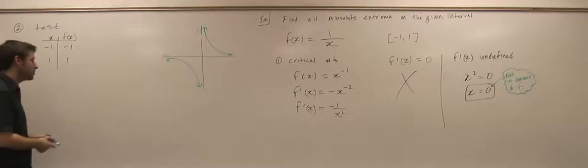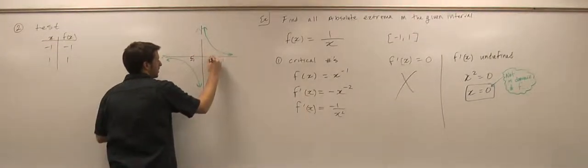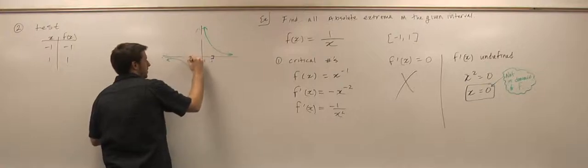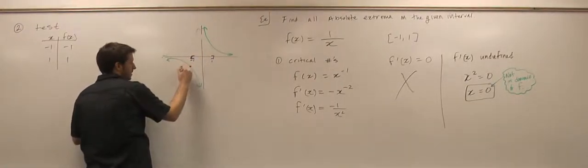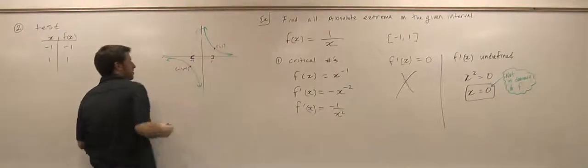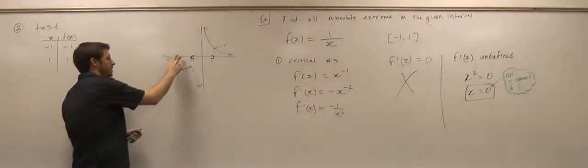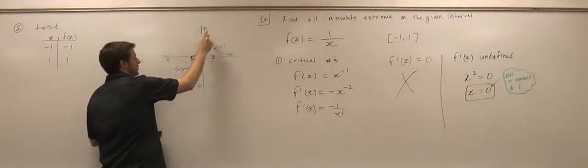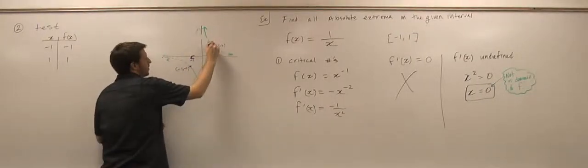And I want to know the absolute maximum between negative 1 and 1. When I plug in those points, I get 2 points. That's fine. But neither is the absolute maximum or absolute minimum, because the graph shoots off to infinity at 0.